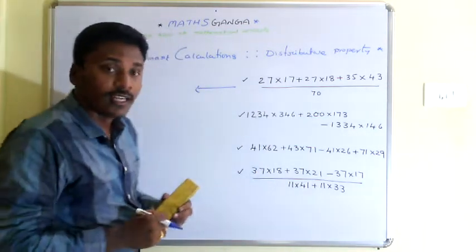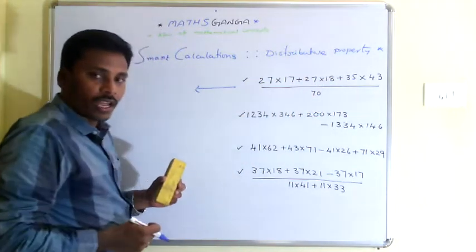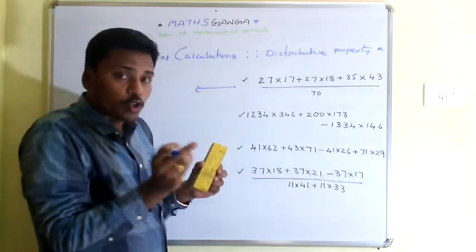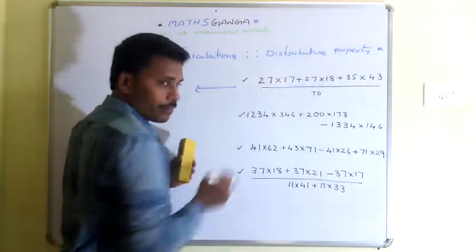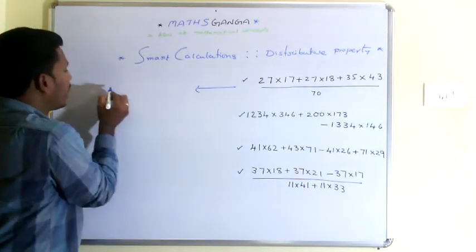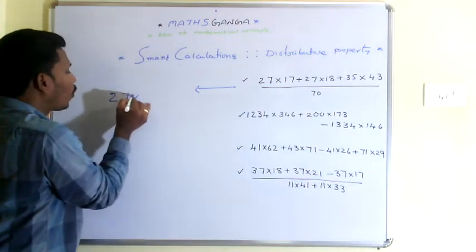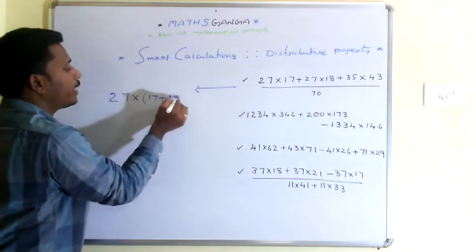See, coming to here, this is 27 into 17 and 27 into 18. I know that if a number is common, I will collect it back. This 27 is common in these two terms. Since 27 is common in these two terms, I will collect it back. Then it will become, I am writing directly, 27 into 17 plus 18.